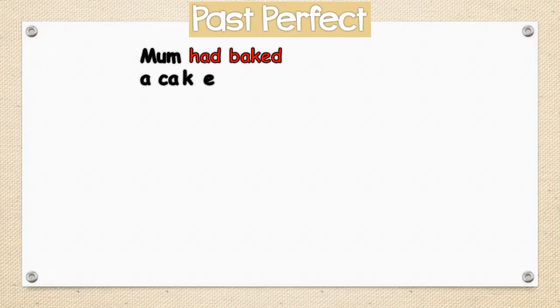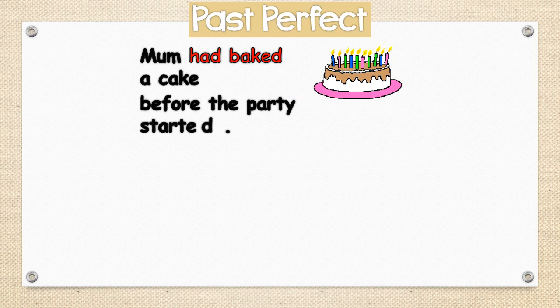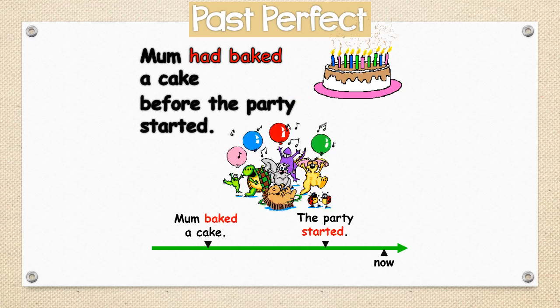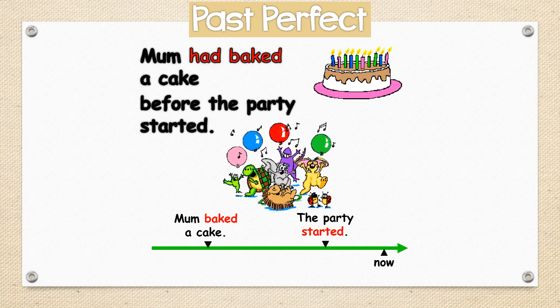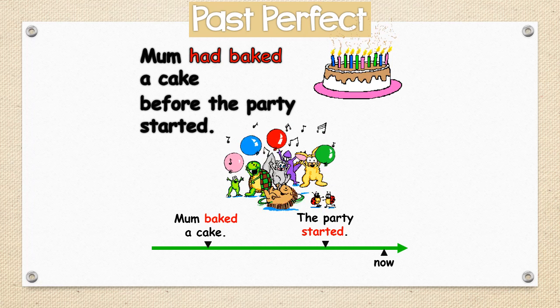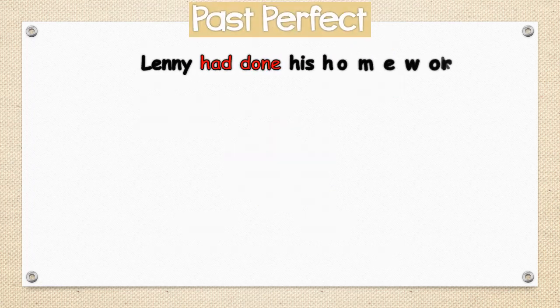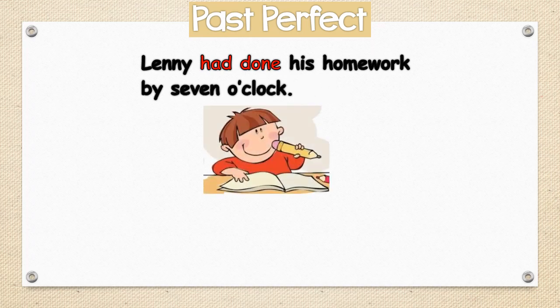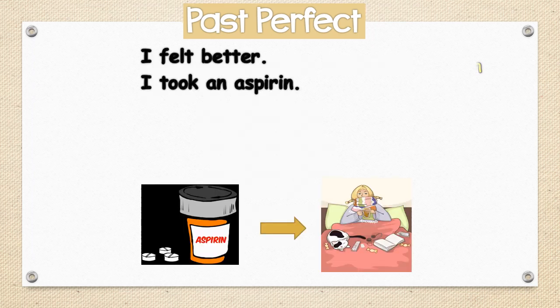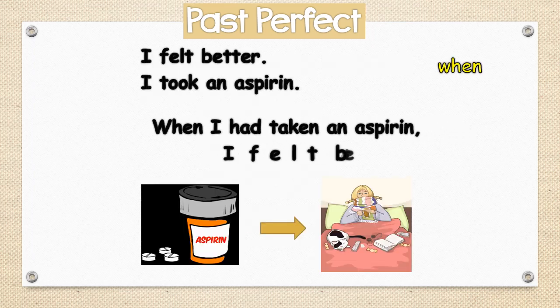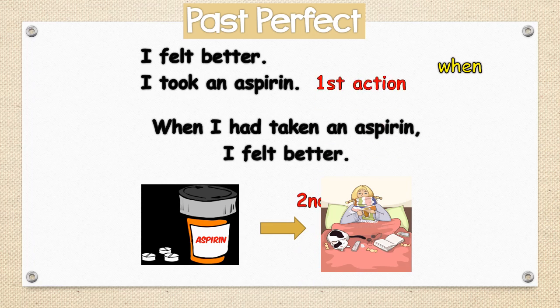Let's look at some other examples with the past perfect tense. Mom had baked a cake before the party started. Lenny had done his homework by 7 o'clock. When I had taken an aspirin, I felt better.